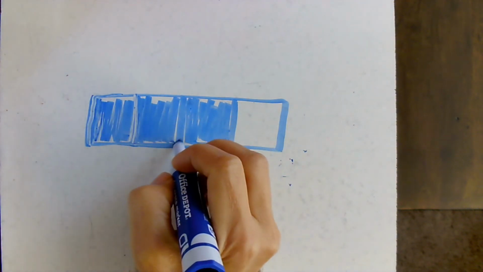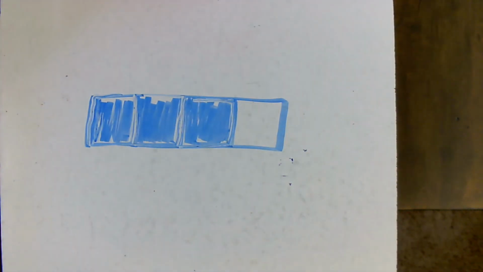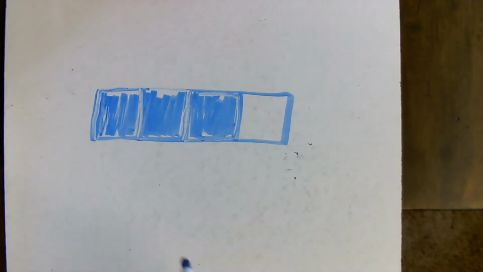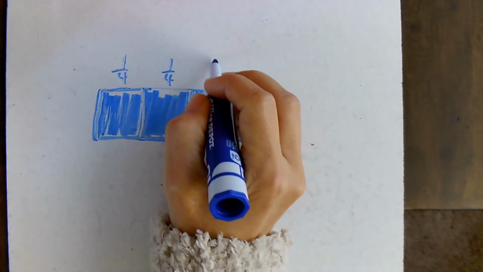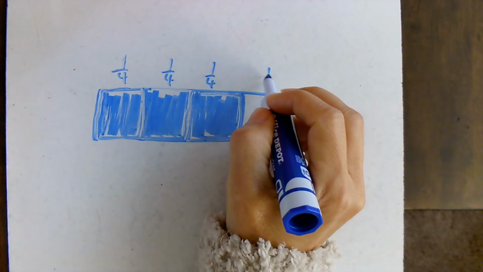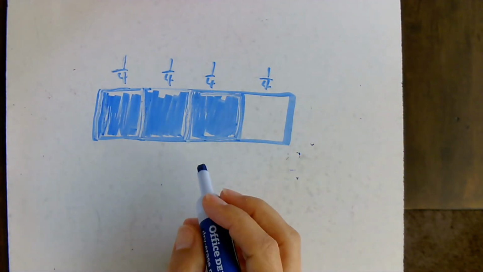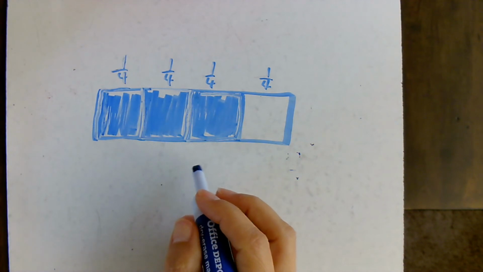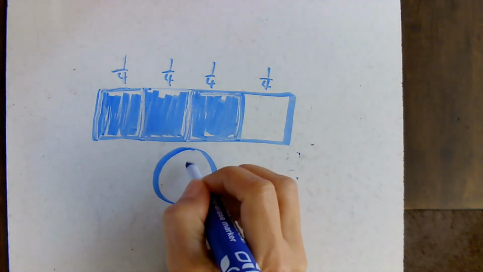It was 4 pieces. So let's take a look at this. And we're going to draw a number bond for this shape. So this one is 1/4, 1/4, 1/4, 1/4, right? Okay, so this is divided up into fourths as well. So it's kind of the same thing we did. If we draw a number bond, we would say the whole thing is 1 whole.